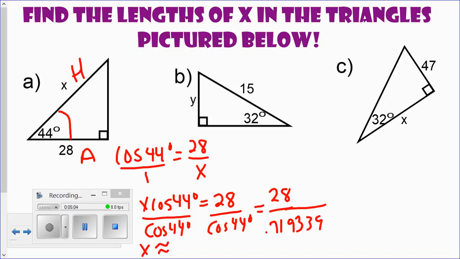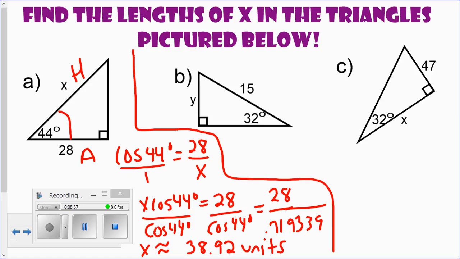So I'm going to divide 28 by that. And I'm getting 38.92 approximately. And those are units. We're talking about length here. Okay. Let's try the next one.